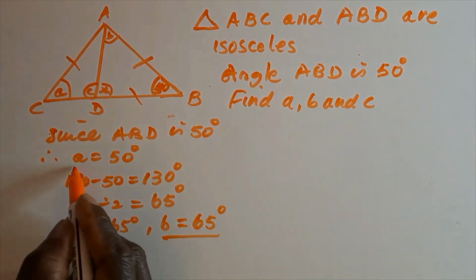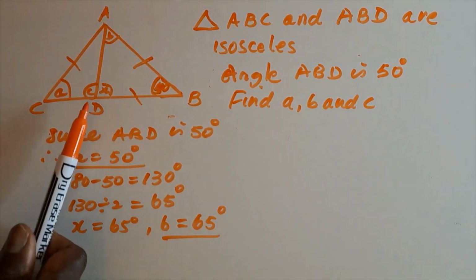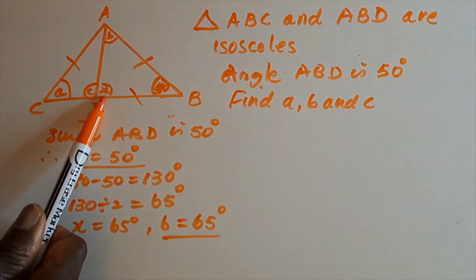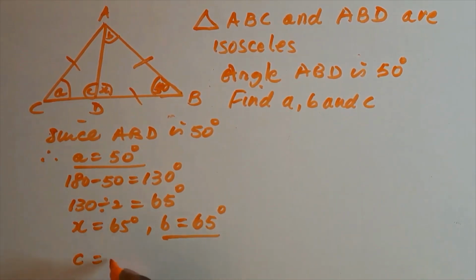So far we've found 2, A and B. Lastly, C. The sum of the angles on a straight line is 180 degrees. We already said that X is 65 degrees. So to find C will be 180, take away 65, which gives us 115 degrees.